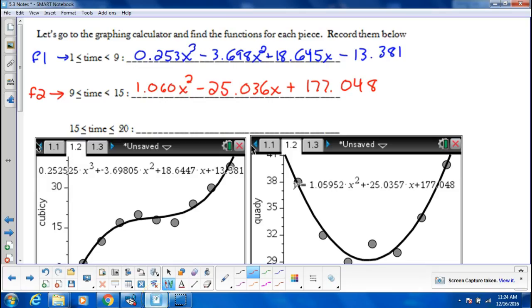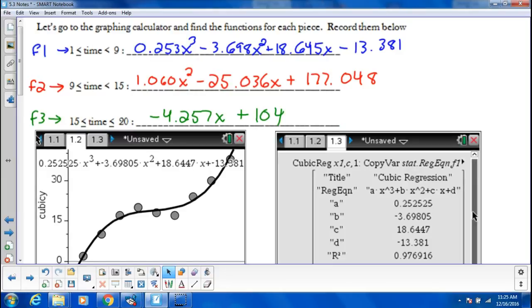So this one was, we'll put it in green, it dropped it into F3. I got negative 4.257x plus 104. Yes?